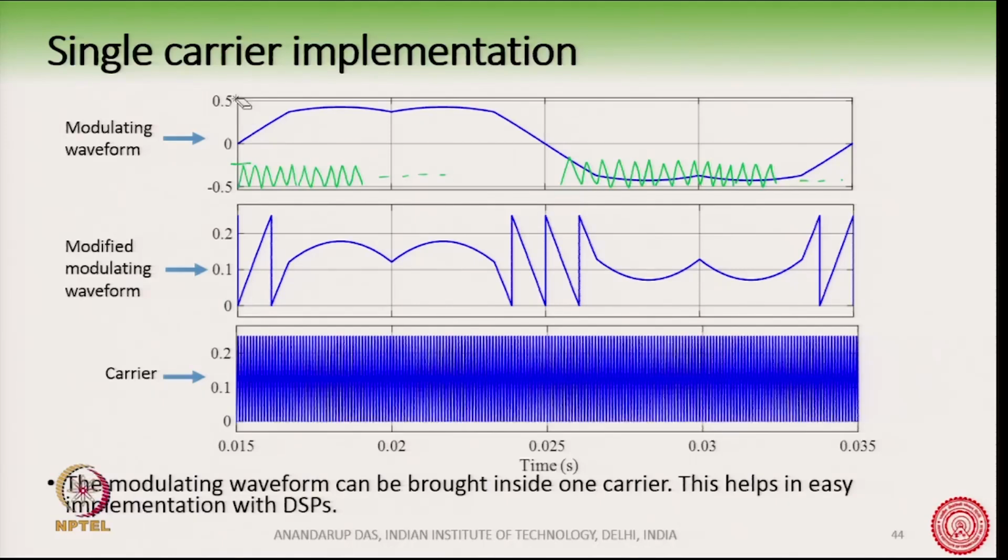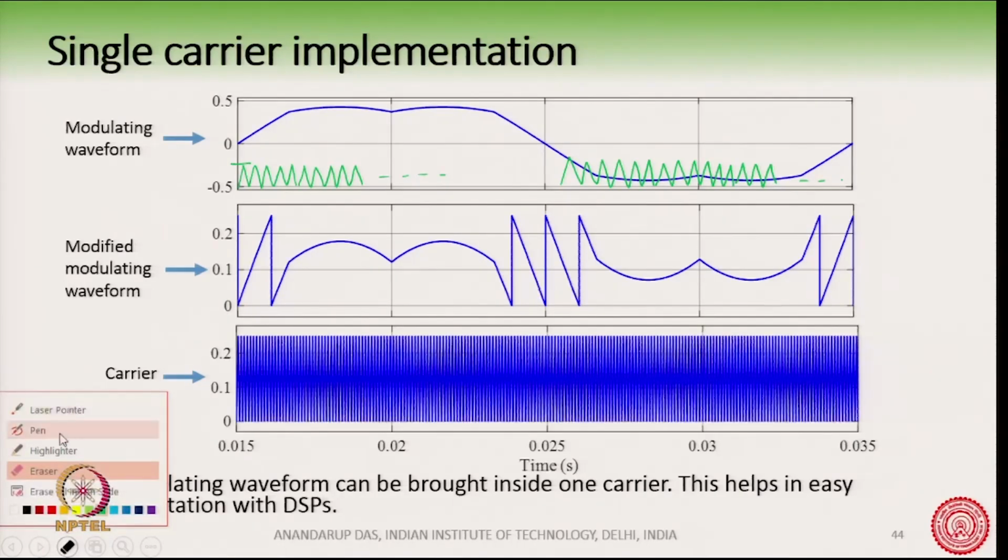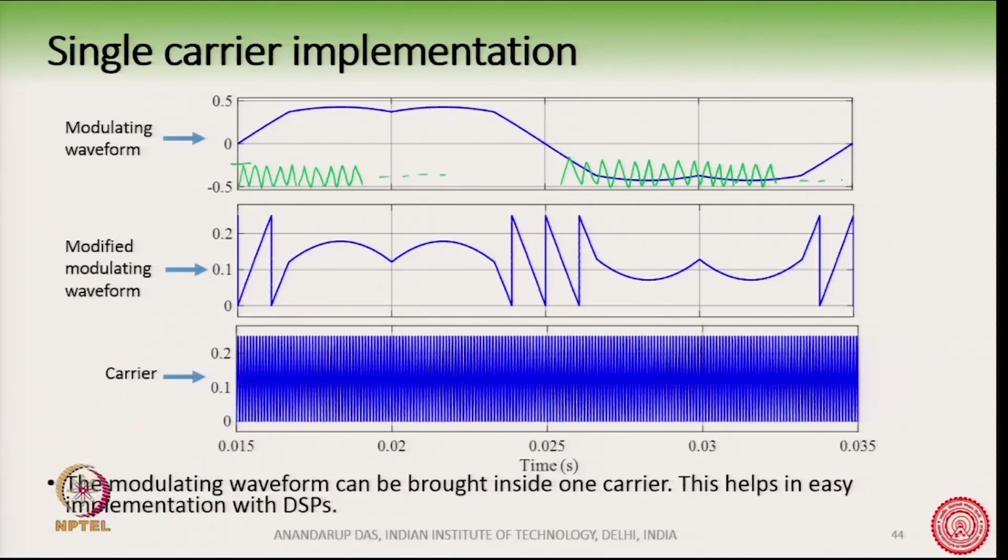So, if I have to do it, what do I have to do? I have to bring the modulating waveform inside the carrier. How do I bring that? Wherever the modulating waveform is crossing the carrier, we bring it inside the carrier by doing a shift. See, this is the modulating waveform and we will bring it inside one carrier.